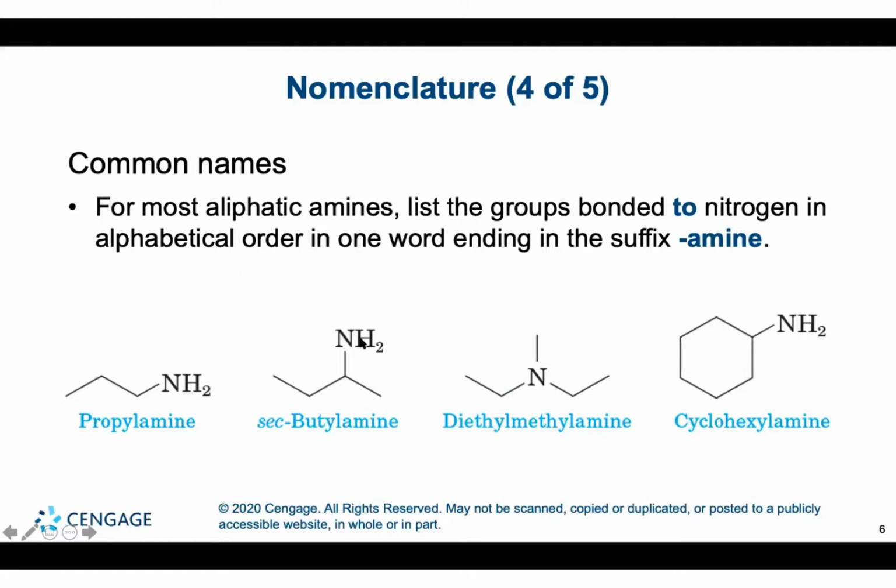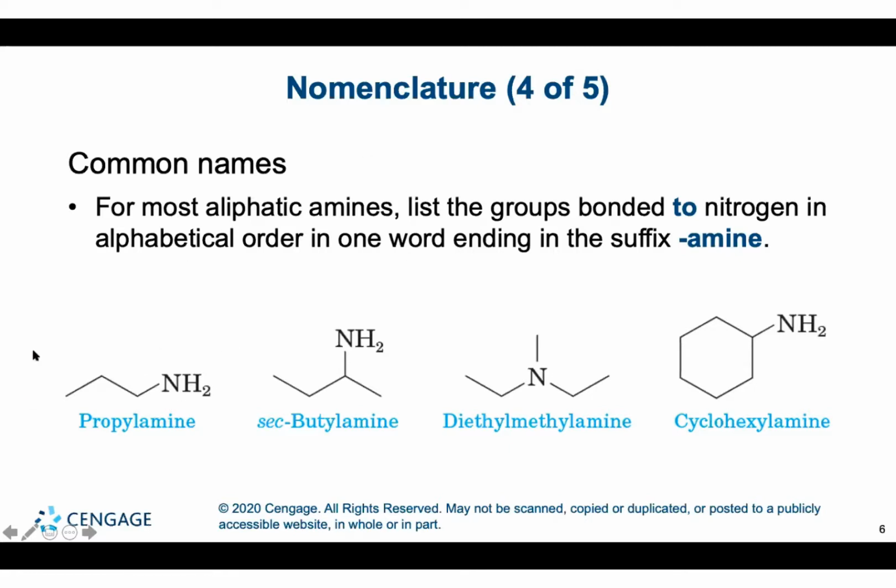Also, we can talk about the common names. I will tell you why I talk about the common names. We use this common naming to name the salts of the amines. Whenever you want to name the amines, you're going to see what the aliphatic group attached to it is.